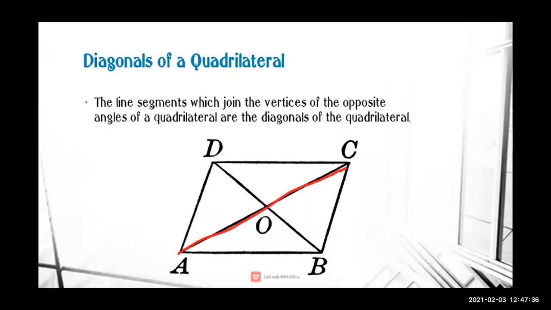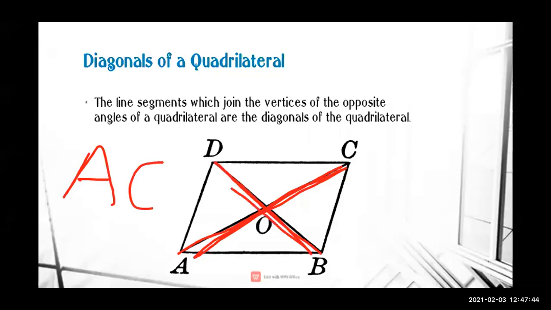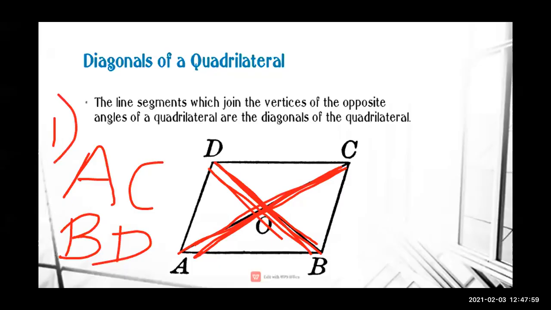That means AC is my first diagonal and BD, this line, is my other diagonal. Diagonals always cut inside. So here the first diagonal is AC and the second diagonal is BD.